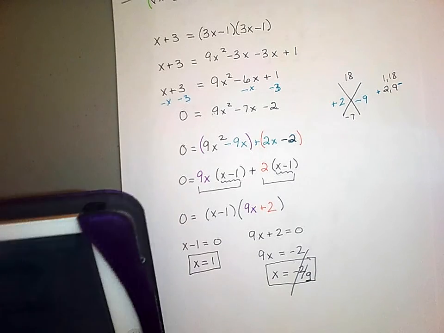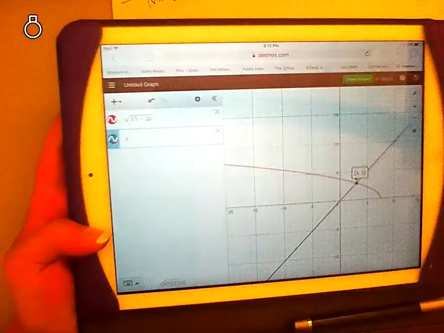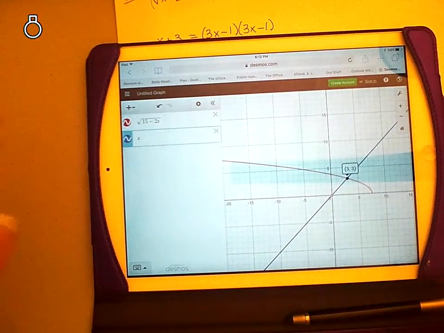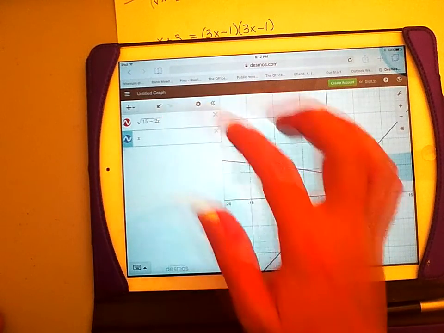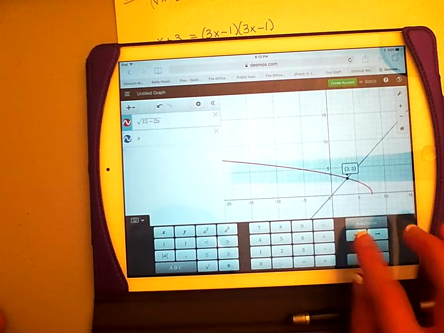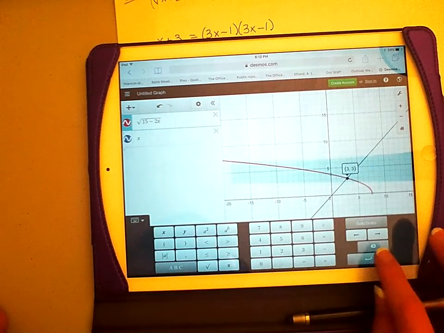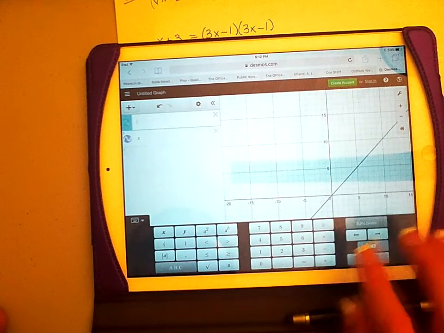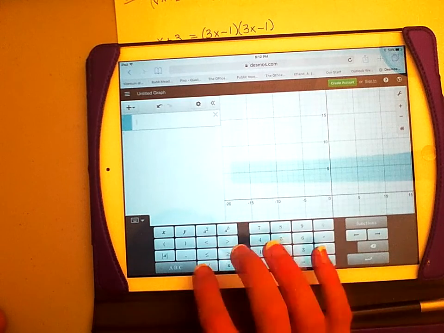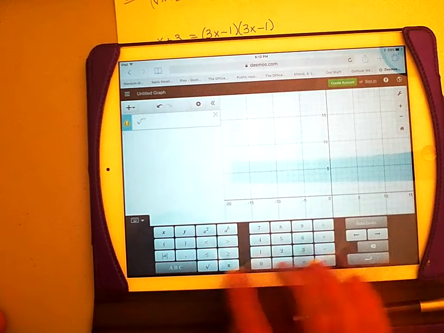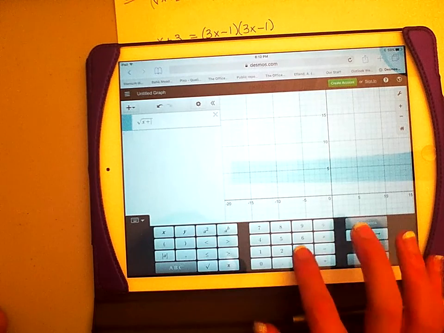But let's look at it again in decimals so you can see how that works. So in this case, I'm going to edit this. We have the square root of x plus 3.